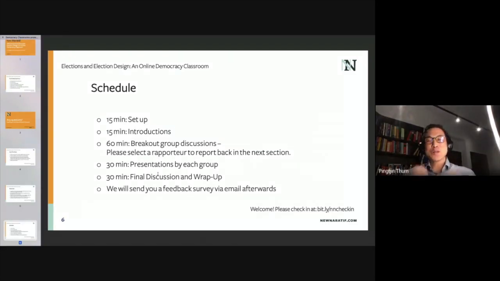Yeah. So we're going to break out into groups of 4 or 5. Please appoint one person to be a rapporteur. So basically that person just takes notes about what you've said. And then after an hour, we all come back into this room where each rapporteur will have a chance to present what your group talked about.